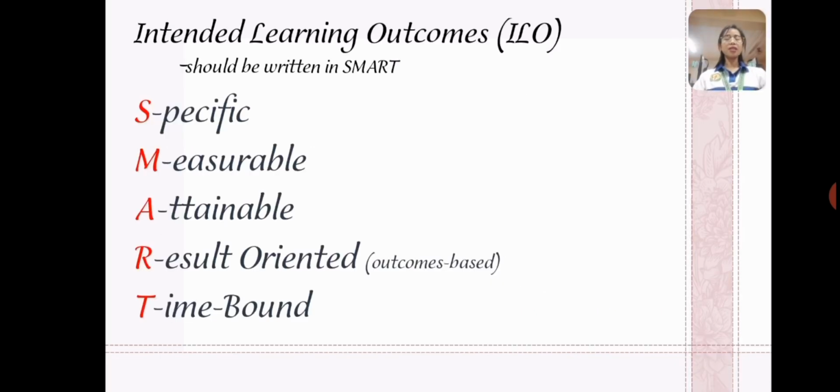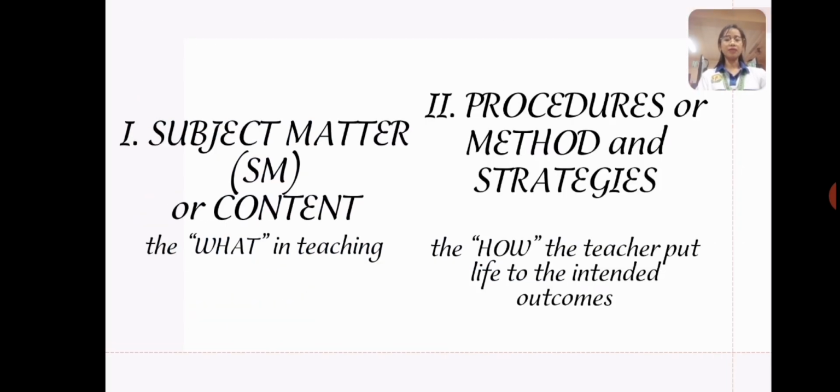And the intended learning outcomes should be written in SMART. SMART meaning S for specific, M for measurable, A for attainable, and R for result oriented, or what we call outcomes based, and T for time bound.